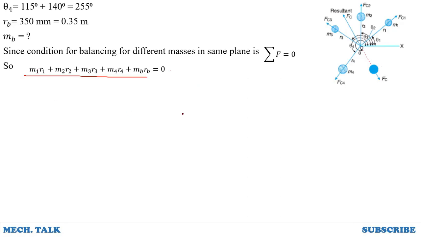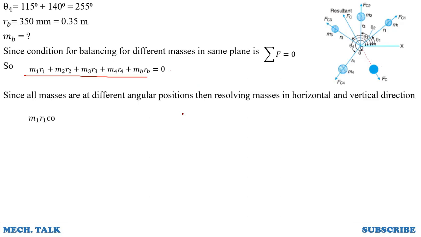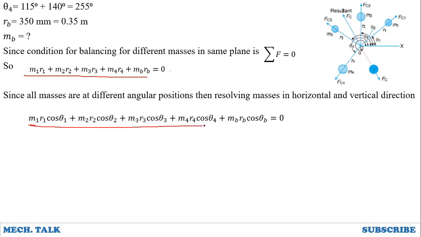First resolving in the horizontal direction, we have m1 r1 cos theta 1, m2 r2 cos theta 2, m3 r3 cos theta 3 plus m4 r4 cos theta 4 plus mb rb cos theta b equals 0. We have all the values of the masses, the radius, and the angular position of all four masses.